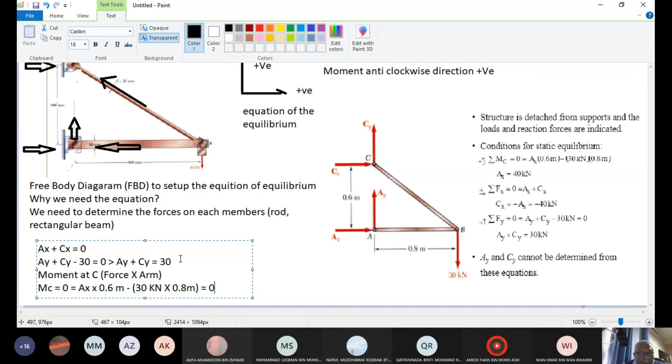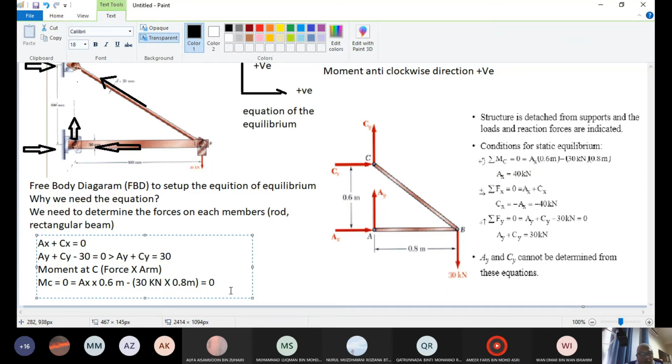Okay. Anyone follow? If you solve for Ax, now you have Ax times 0.6 meter minus 30 kilonewton times 0.8 meter equal 0.